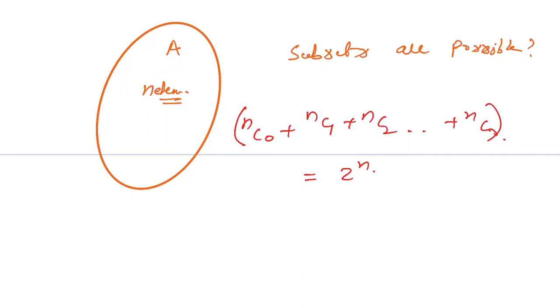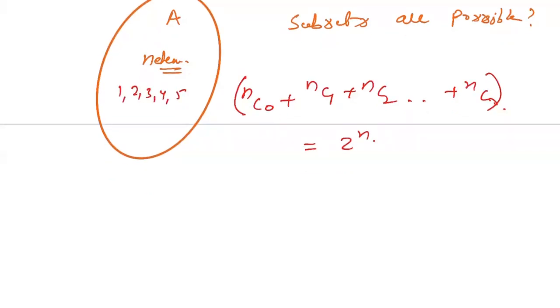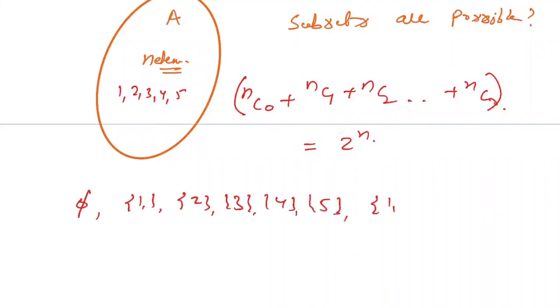Subset means, like, the elements are 1, 2, 3, 4, 5. So the subsets are: first the null set, second a singleton set, then a pair of elements, then 3 numbers, 4 numbers, 5 numbers. How many subsets are possible with 2 numbers, with 3 numbers, with n numbers?